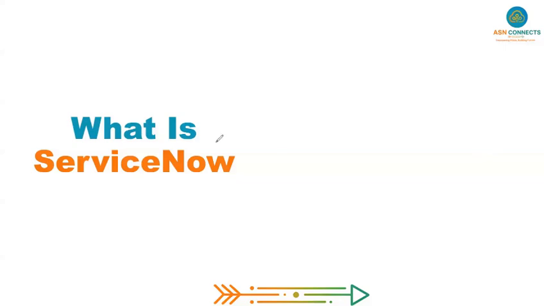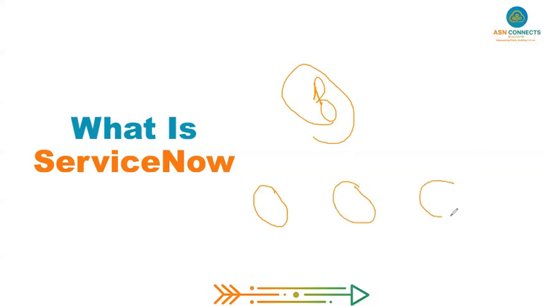Now let us see what exactly ServiceNow means. Let us take one example of a bank. Let us take that there is a bank, and it has three branches: branch A, branch B, and branch C. Branch A is located at A location, branch B at B location, and branch C at C location.